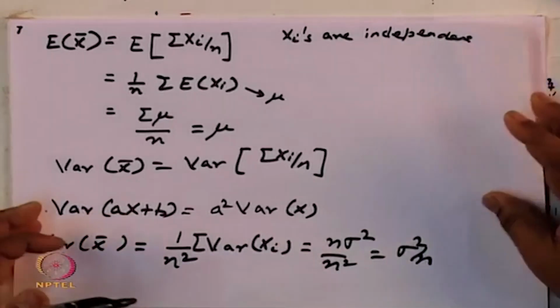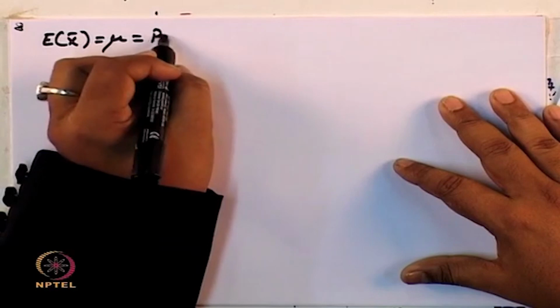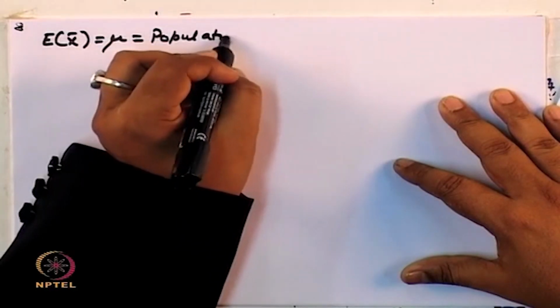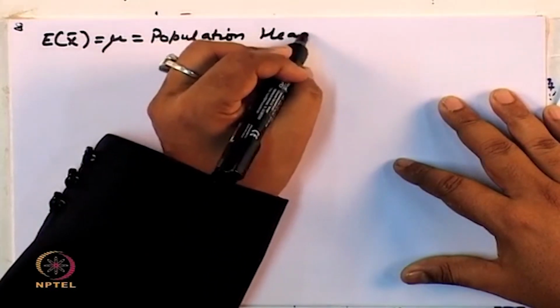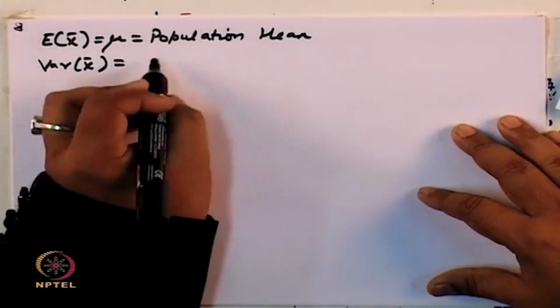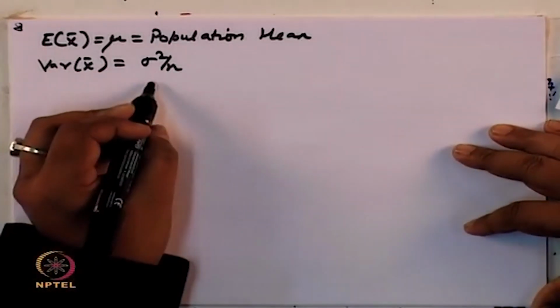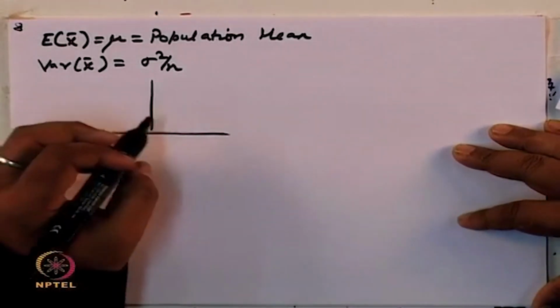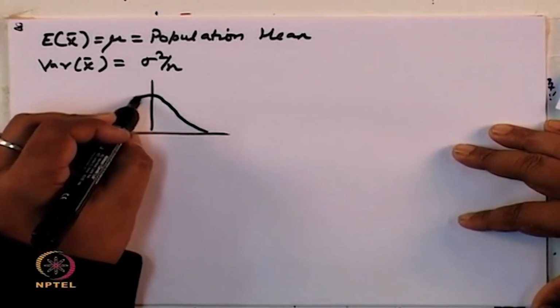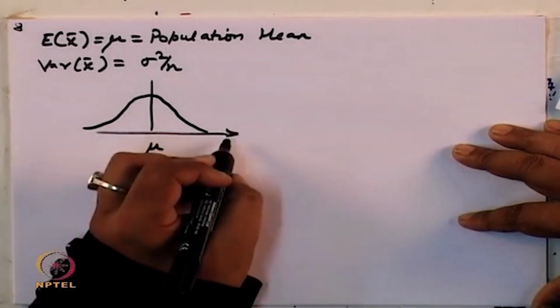So, what this tells you is that the expectation of x bar is equal to mu, which is the same as the population mean, and the variance of x bar is equal to sigma square by n. In other words, for a given distribution, let us say this is my mu value.